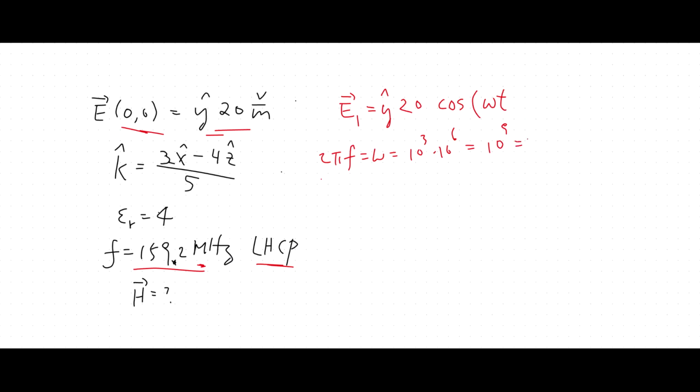And then what do I write next? Omega t minus k dot r, in 3 dimensions. What should I write here? What is k hat? It is 0.6 x hat minus 0.8 z hat, sorry.